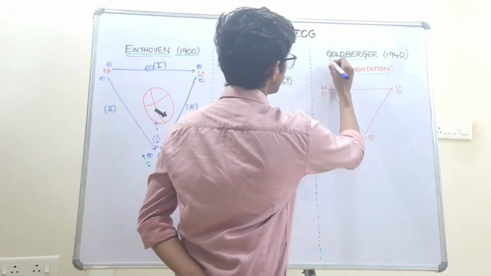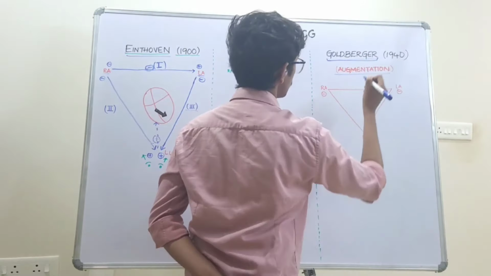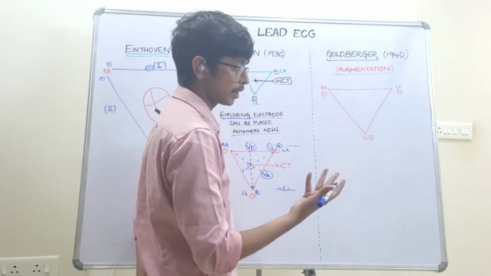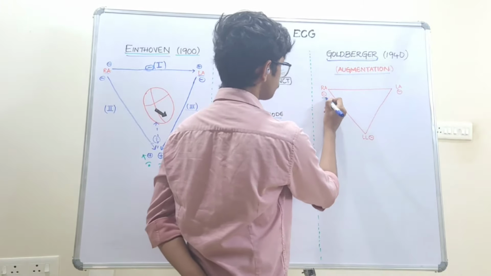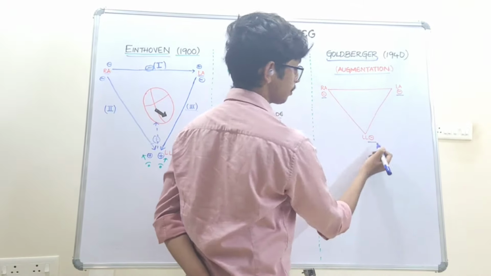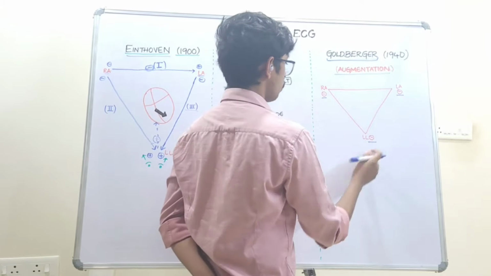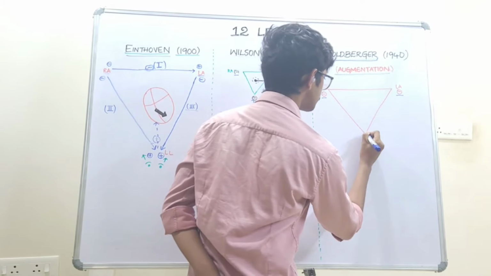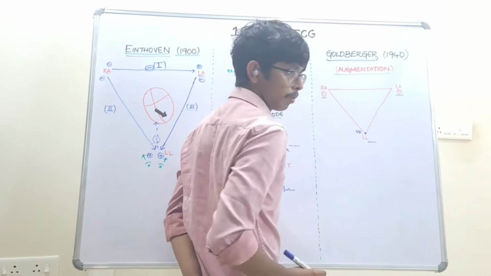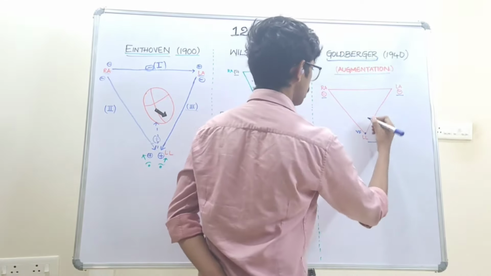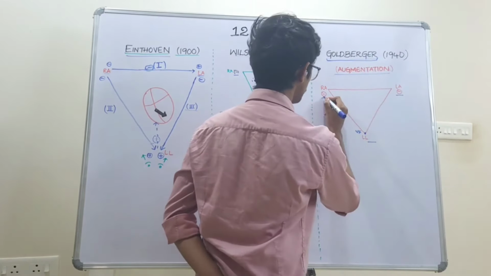To increase that, there is a new scientist called Goldberger, who proposed another method. This is called the Wilson central terminal, where equal negative charges are kept in the equilateral triangle. What he did was, whenever he is measuring the VF, he made this negative 0. What happened is, now the lead cannot look this side, it cannot look this side.